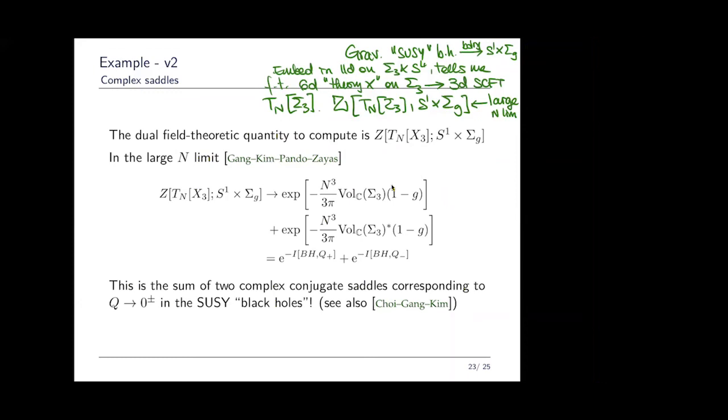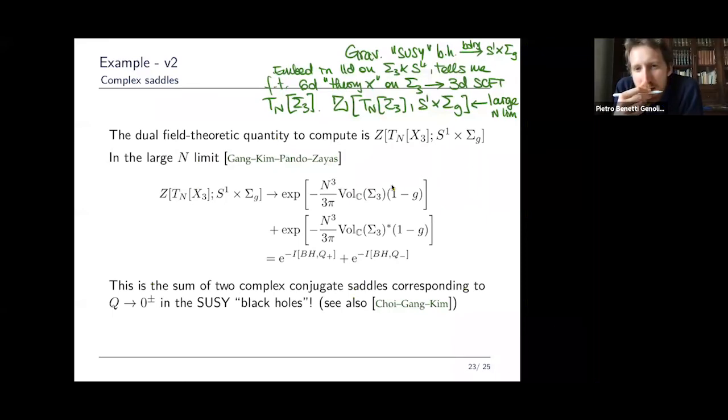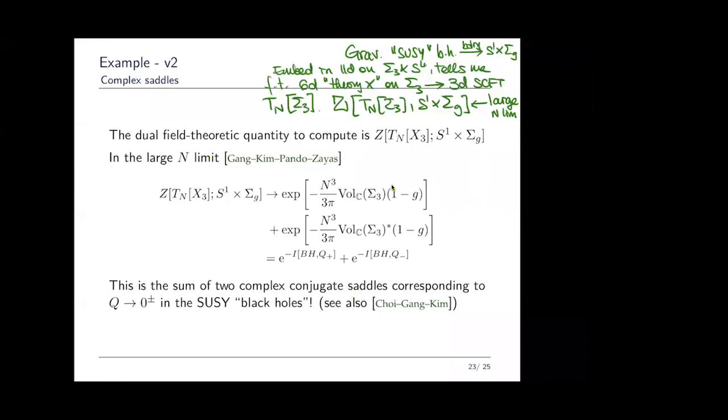Actually, it is quite technical, but now I understand this Q plus and Q minus corresponds to the charge of the black hole, so negative and positive, right? Yes. So it is somehow related to this chirality picture of the supersymmetry. Yes.